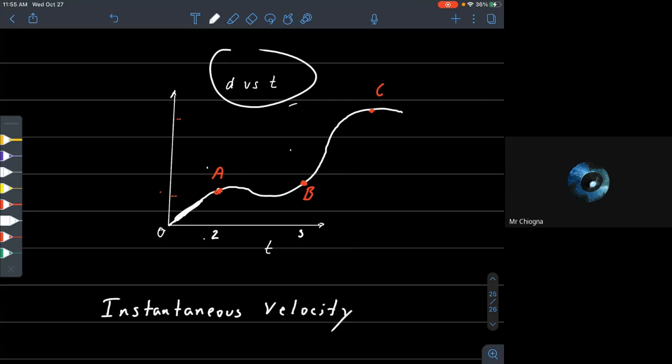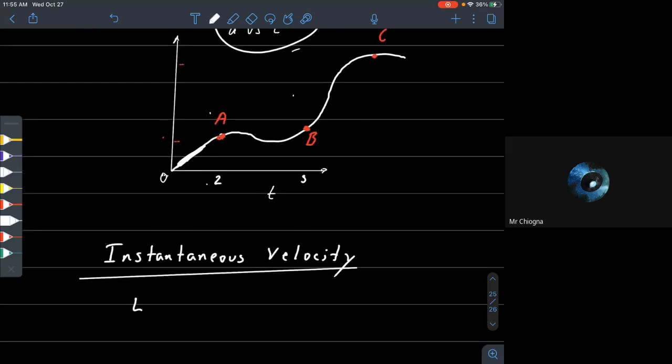And that's the velocity that you measure on your speedometer. As far as magnitude, it's stated on your speedometer when you're driving. So this has more of a physical meaning.